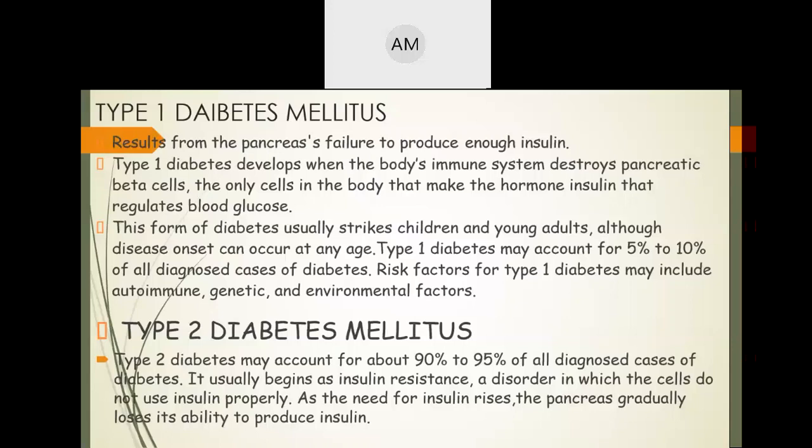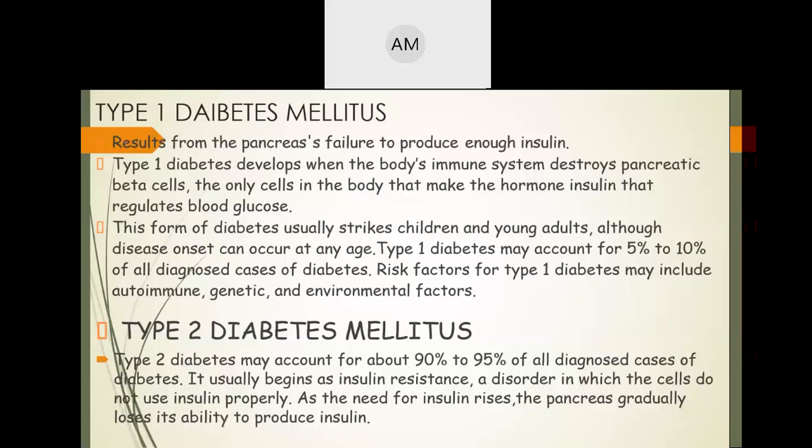What happens in type 2 diabetes is there is insulin resistance. There is production of insulin inside the body, but the cells don't react properly to the insulin produced. That means in type 1 diabetes, the locks cannot be opened because the key, the insulin, is not present.